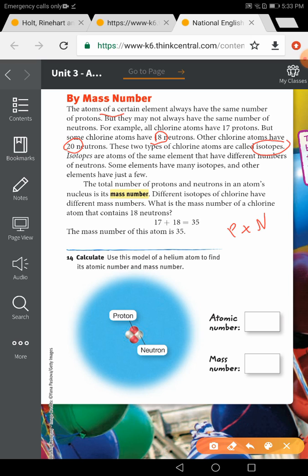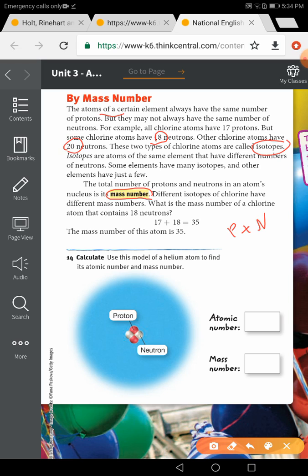Isotopes are atoms of the same element that have a different number of neutrons. Of course, because the number of neutrons changed, the mass number will also change, because the mass number equals what? Yes, the proton number plus the neutron number. The total number of protons and neutrons in an atom's nucleus is the mass number.